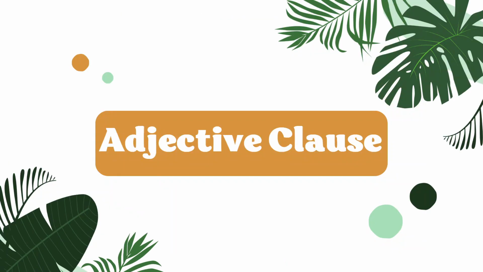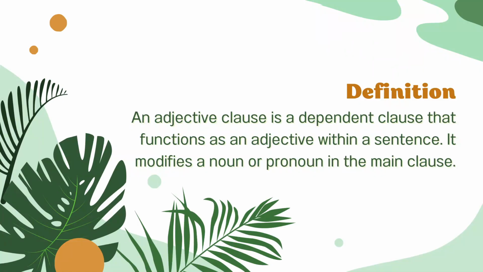After I explain about noun clause, it's time for us to continue our explanation about adjective clause. An adjective clause is a dependent clause that functions as an adjective within a sentence.